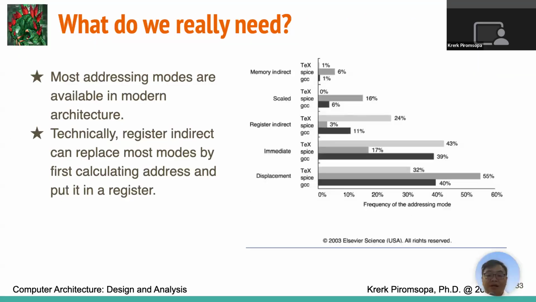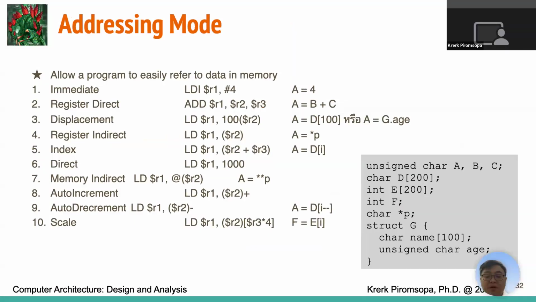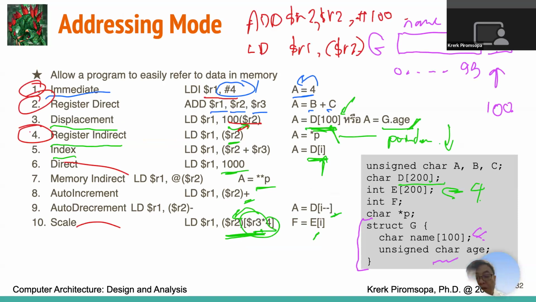Okay. And maybe that would be the last slide for today. Next question is, we say we want to use displacement. The question is, how big is the displacement? How many bits should we use for the displacement?